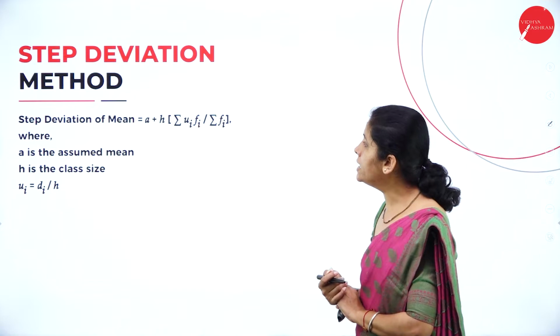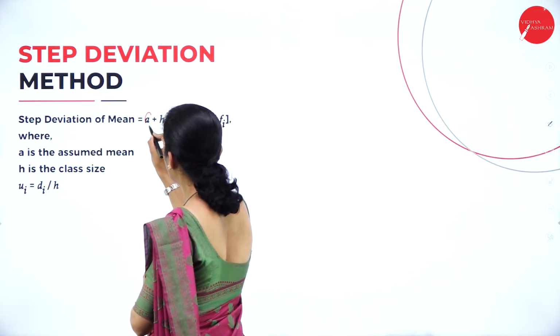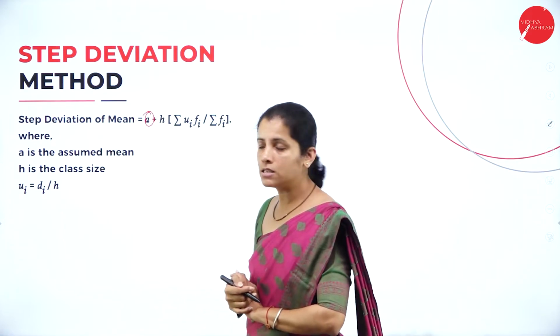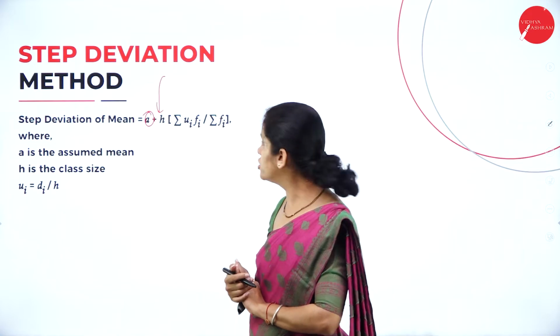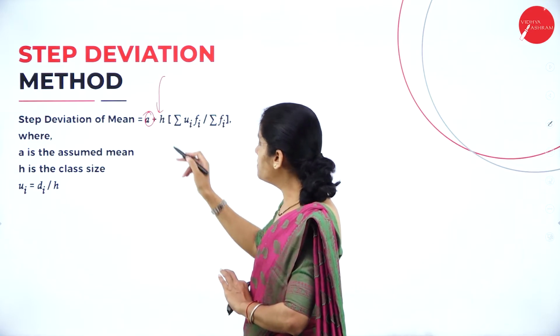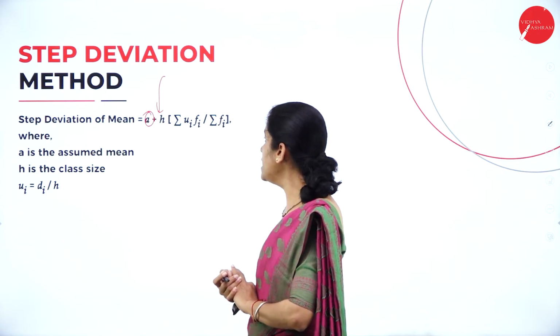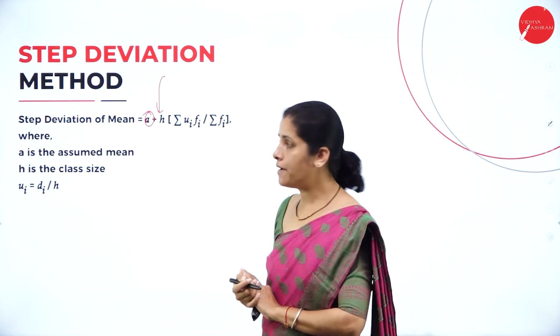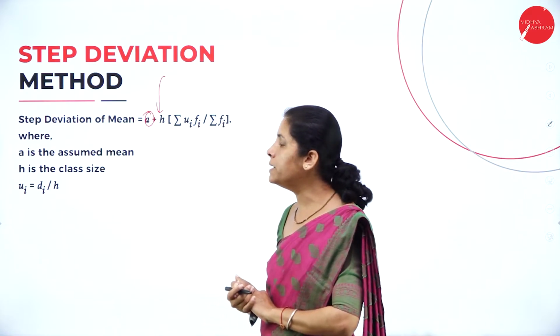Now, dear student, I am going to have the formula here. See here, A plus, in the step deviation method, h into sigma ui fi divided by the summation of fi. So here A is nothing but the assumed mean.